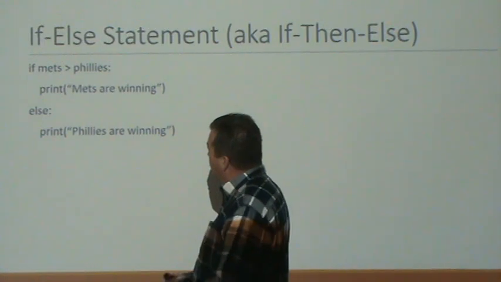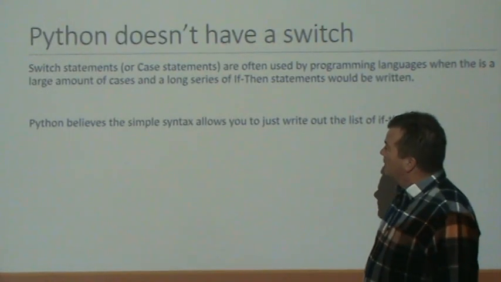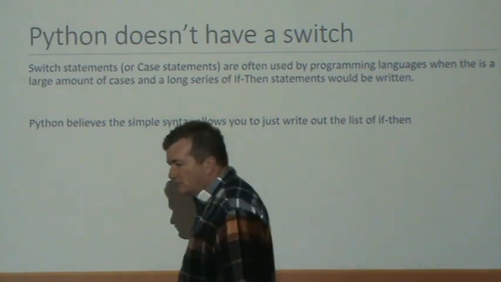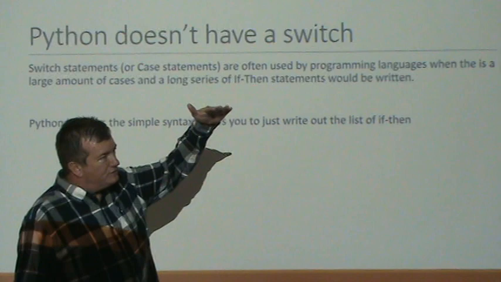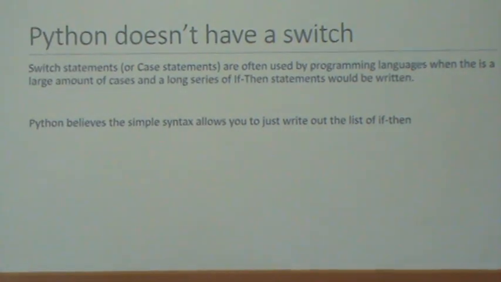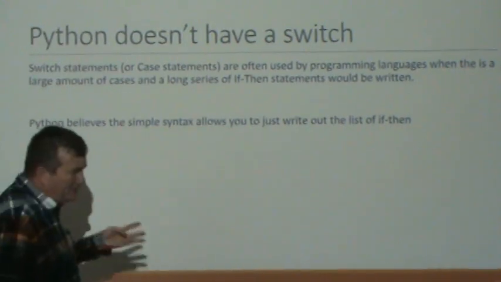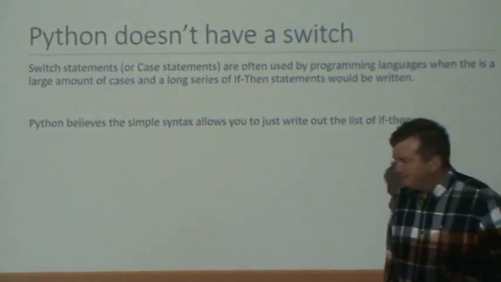It's very popular in programming languages to have what's called a switch statement. Out of all the possible cases, do a switch, have it jump to the one that's true and let that one run. So many programming languages have a switch statement, typically used when you have many, many if-then statements in a row.